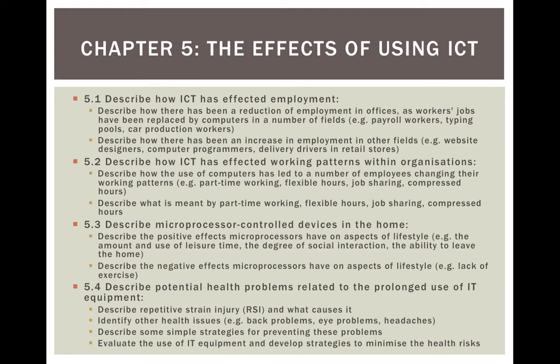So improvement in software for payroll and administrative tasks has reduced the amount of staff needed working in offices. And staff working in factories will have been replaced by robotics. Think about the advantages and disadvantages of this to the company and to the employee.